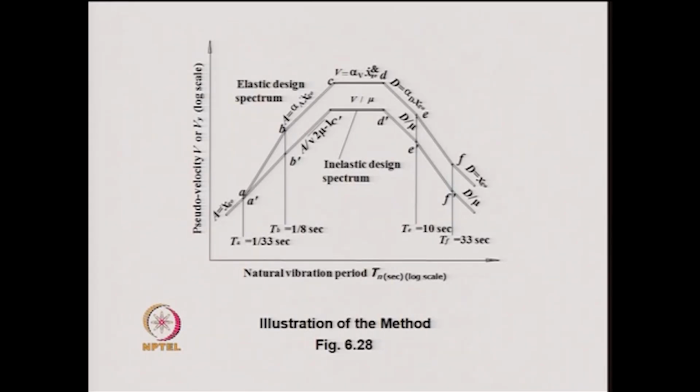And once we get that elastic response spectrum, then from there one can construct the inelastic response spectrum by dividing the elastic response spectrum ordinates by root over 2 mu minus 1 on the left hand side, and in the velocity prone and displacement prone regions the ordinates are divided by the mu value, that is the ductility factor values, and that is how one can construct an inelastic response spectrum for a given value of mu and a damping ratio.